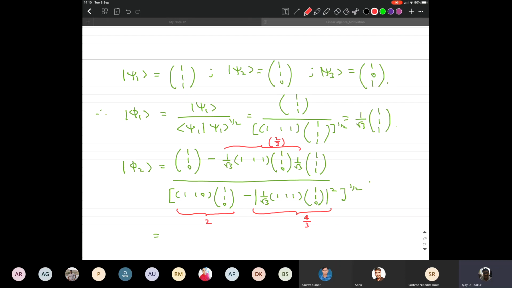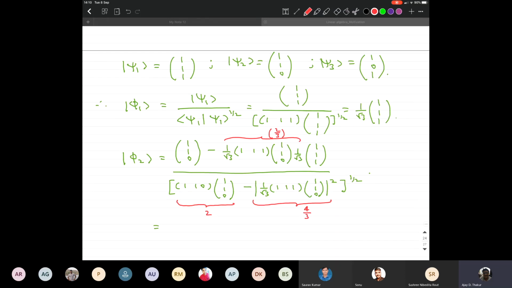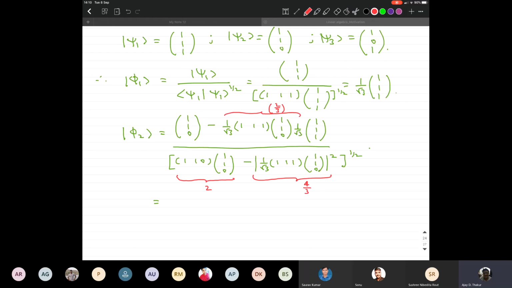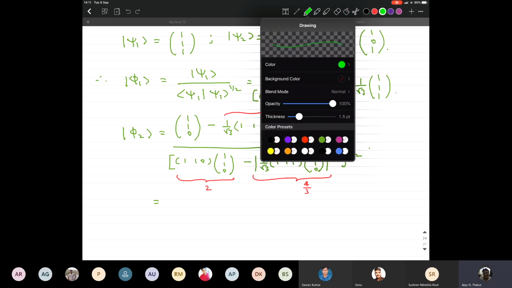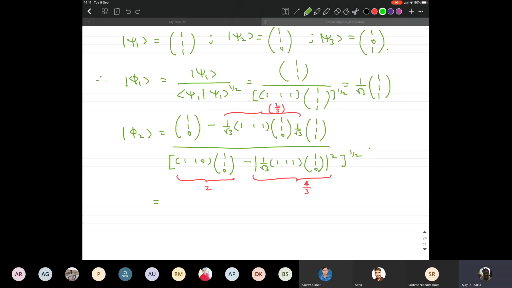So let's see how this essentially translates. So this is like 110 minus 2 by 3, 111. So that would lead us to a number which reads like 1 by 3.